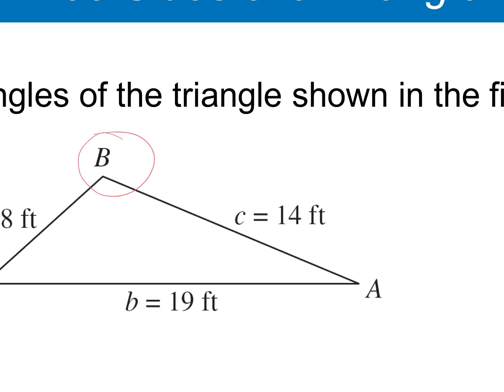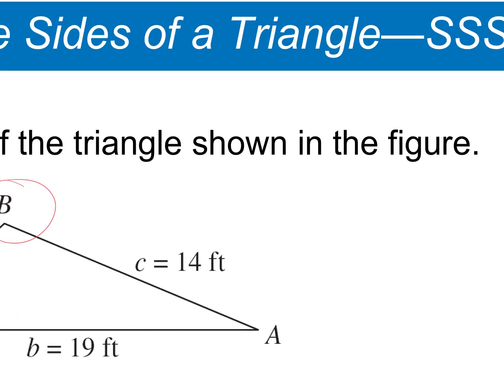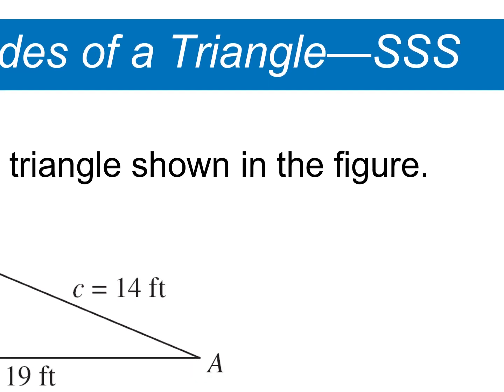Which formula would I use to find angle B? You guys tell me. What am I going to write down? Use your law of cosines, guys. How do I find angle B?